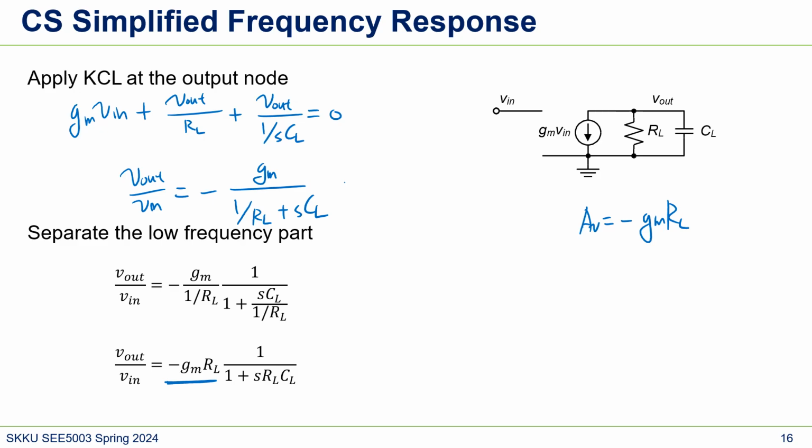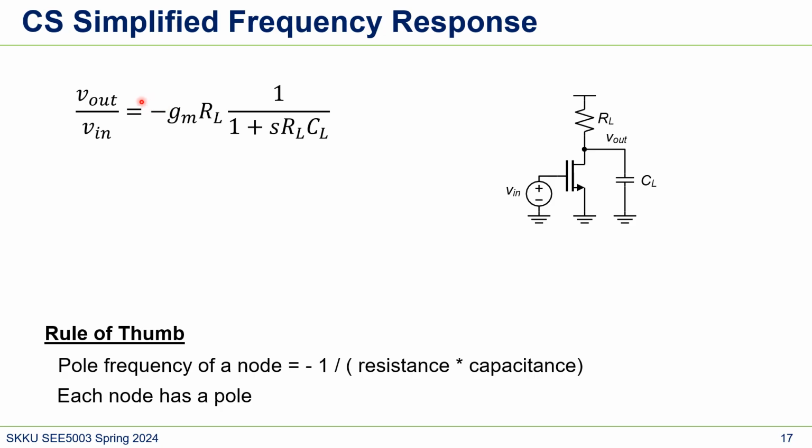But since we have CL, we add this part, which means we have one pole. The overall gain of the common source simplified frequency response, where we only consider CL, and there's no parasitic capacitance at this moment, will look like this.